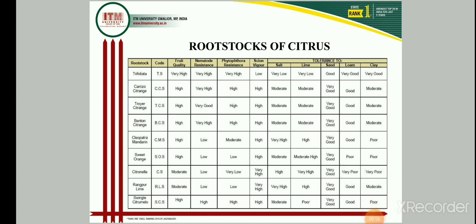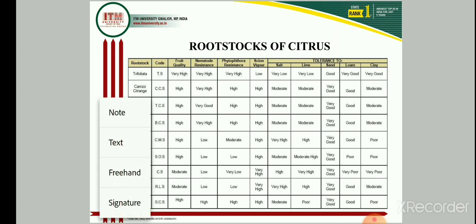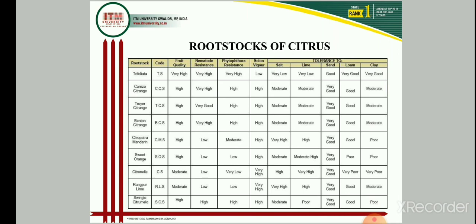Their ability to determine the quality of citrus fruit is quite variable, from high to very high, even moderate. There is very high resistance to nematodes in the case of trifoliate, Carrizo and Troyer citranges. Very high resistance toward Phytophthora in the case of trifoliate oranges.